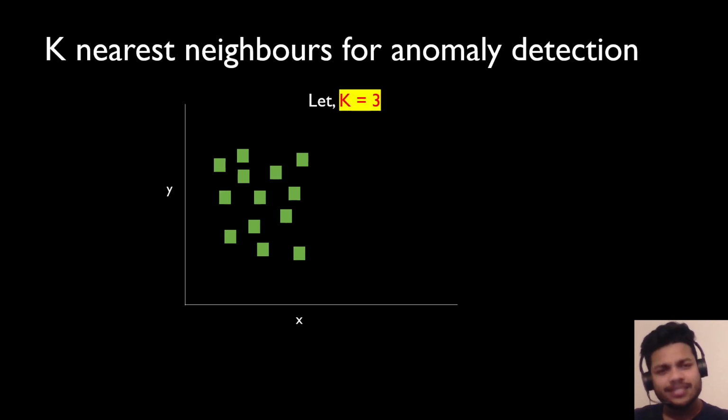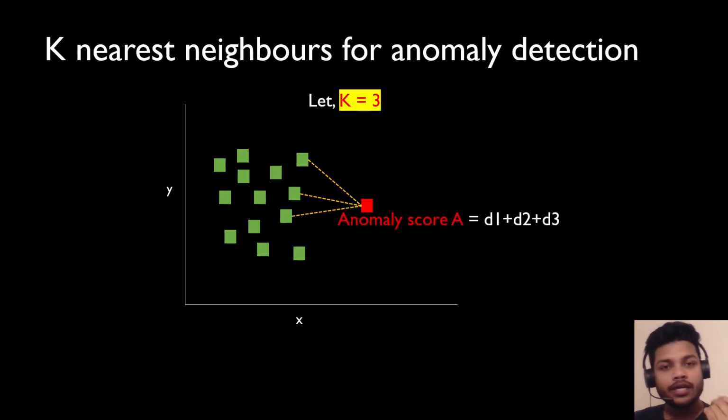In this case, for the sake of simplicity, let's say k equals 3. Whenever there is a new sample we need to classify, let's say this is our new sample, we'll select the three nearest samples from this new sample which already exist in our dataset, and we'll calculate the distance.